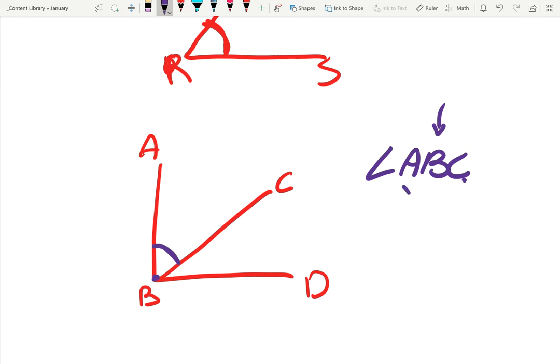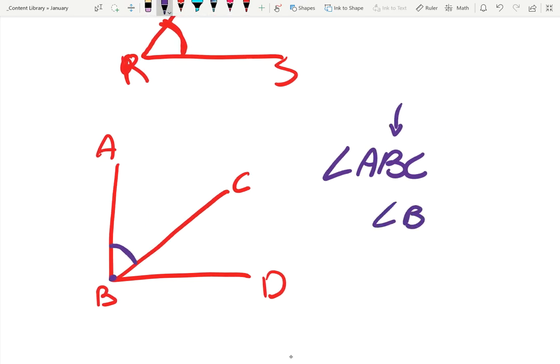A and C are the end lines or the edges, but the vertex B is in the middle. So you can't say angle BAC. It's got the same letters, but it's not the right order, because you're indicating A is the vertex point of the angle, and A is not. Angle B is the vertex point.